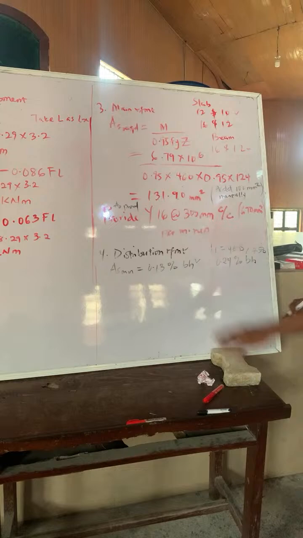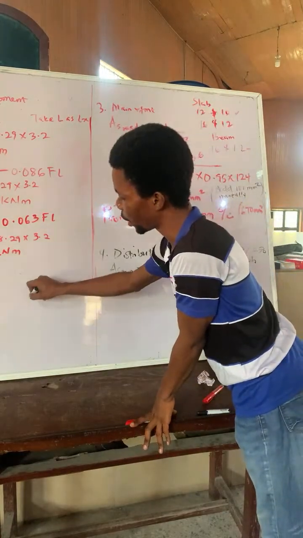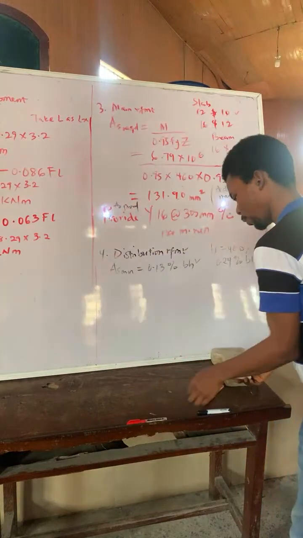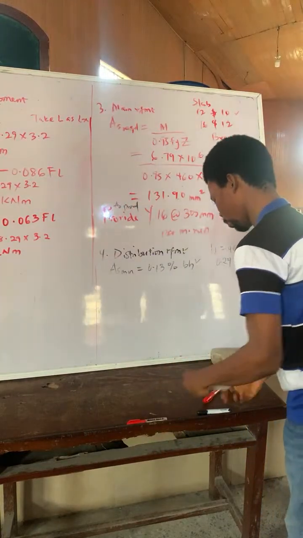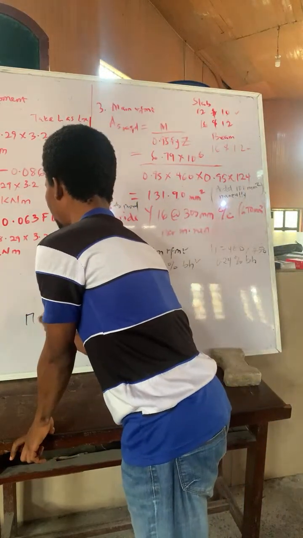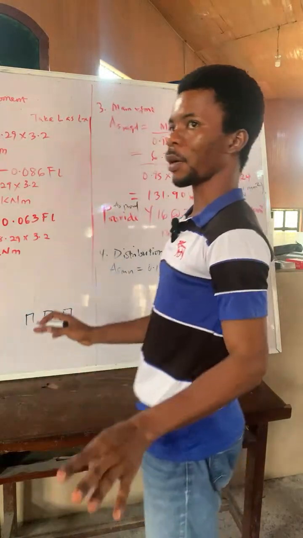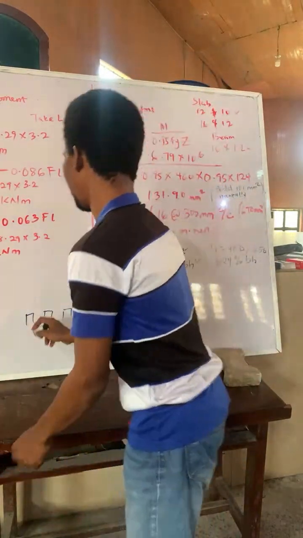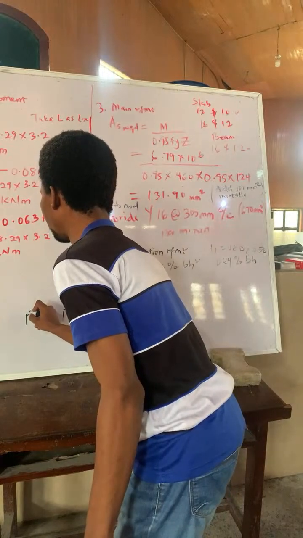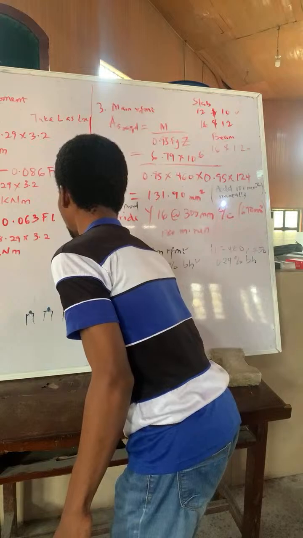This one, I mean, we have our main bar, our main steel. Let's say we have our concrete cover like this on our slab. We want to make our slab. We have concrete cover here, then our main steel will go like this.